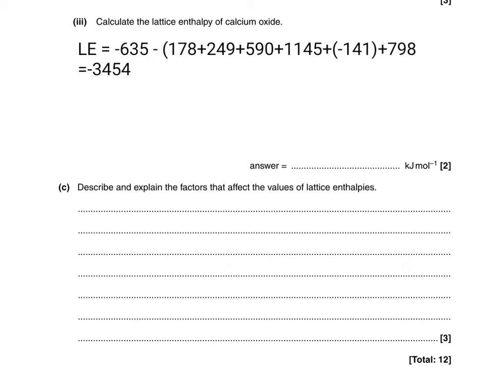So this is the calculation with the final answer in there. If you get this number minus 3454, then you get 2 marks.